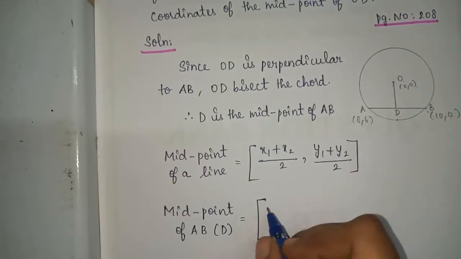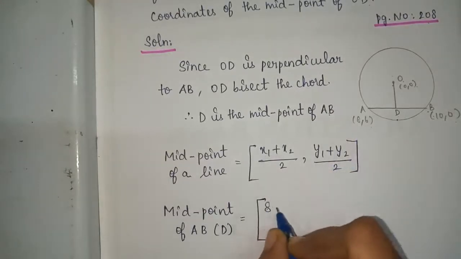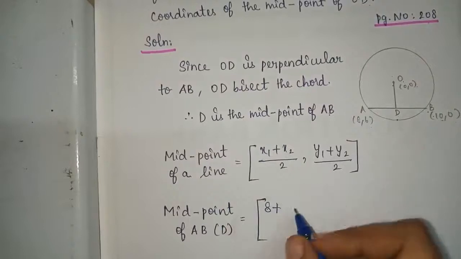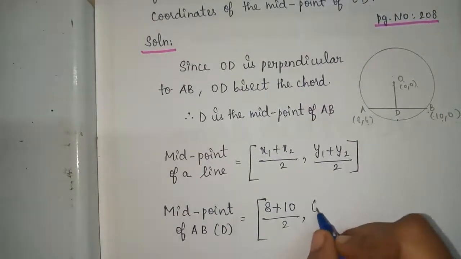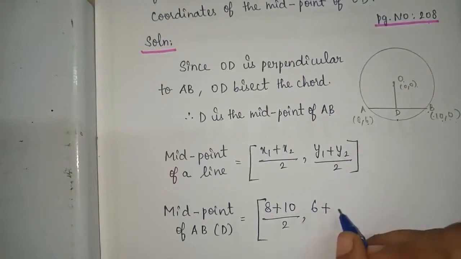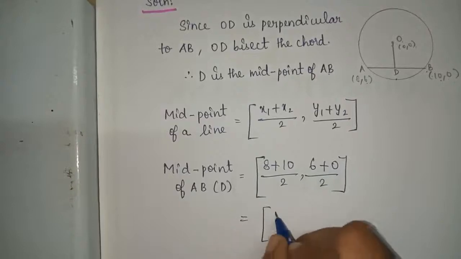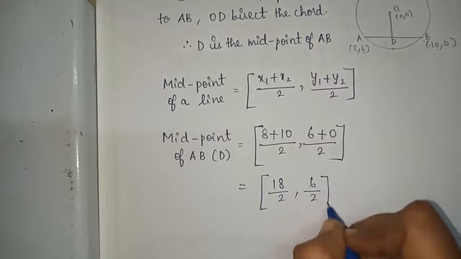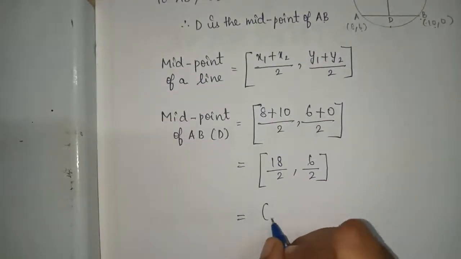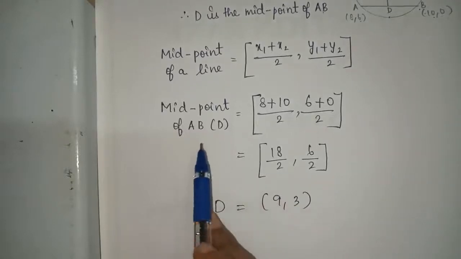So substitute the values in the formula. You get x1 value 8 plus x2 value 10 divided by 2, y1 value 6 plus y2 value 0 divided by 2. So which is 18 by 2, 6 divided by 2, which is equal to 9, 3. So the midpoint of AB, or the D coordinates, is 9, 3.